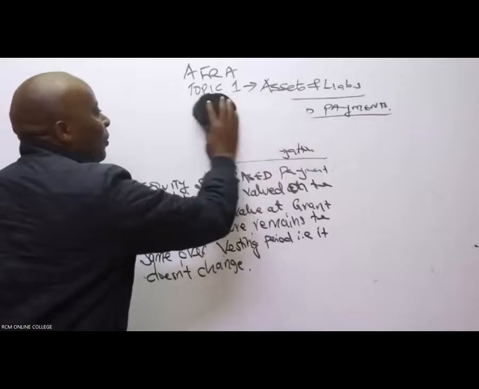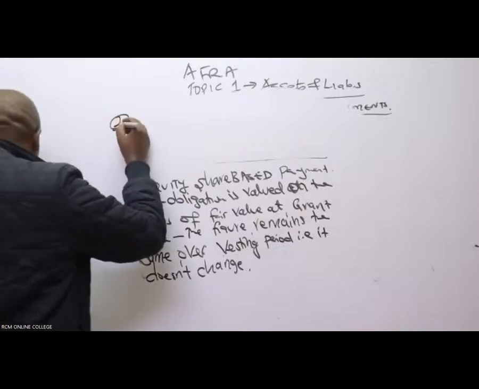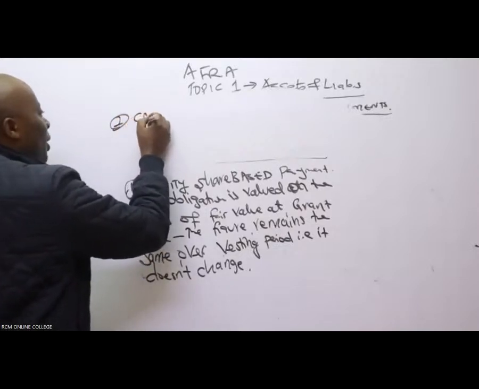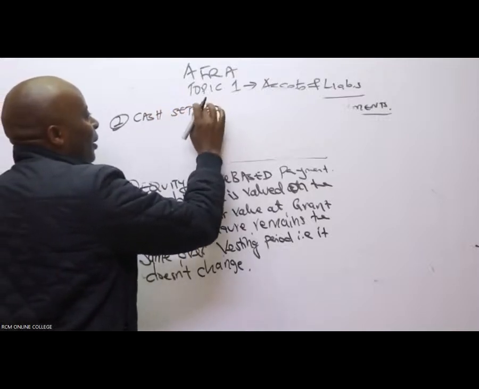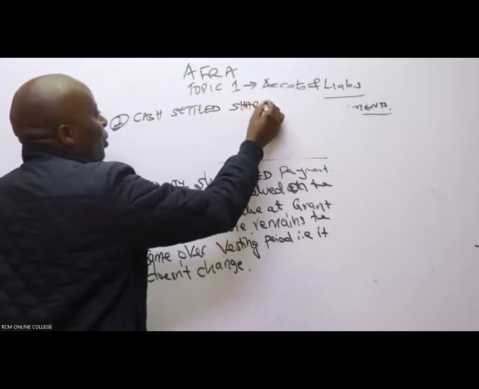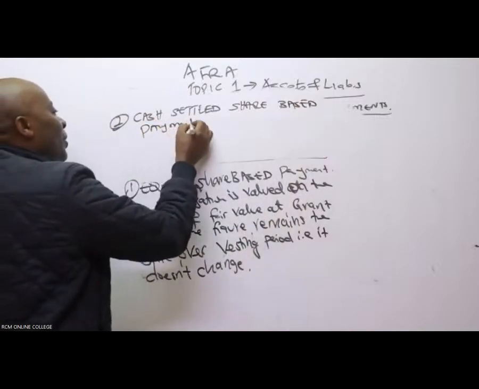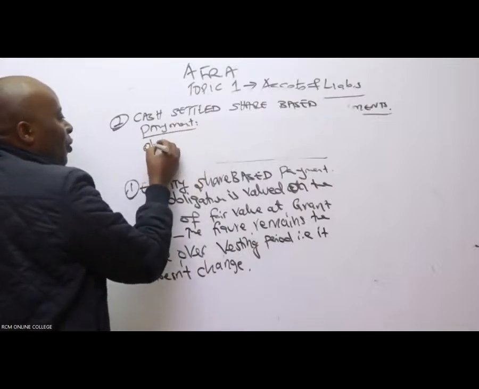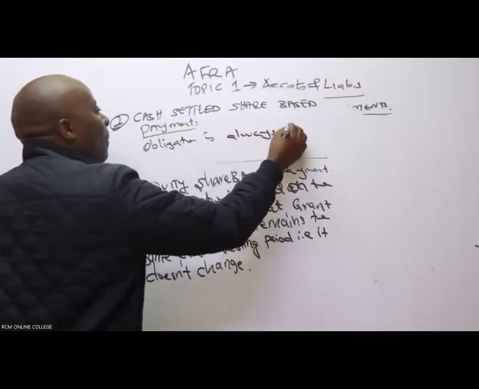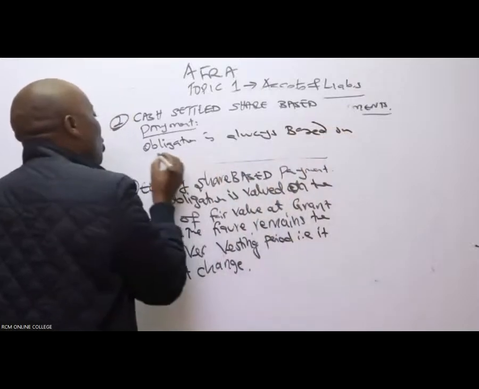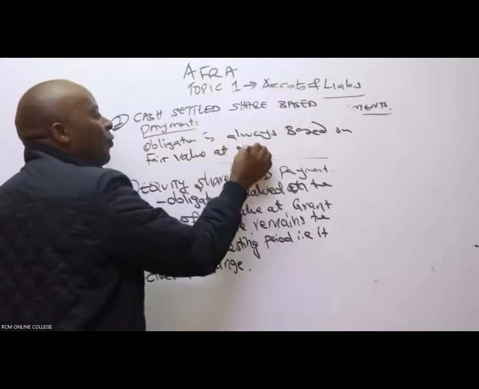So number two, we have what we are calling cash settled. So for cash settled share-based payment, the obligation is always based on fair value at the end of each year.